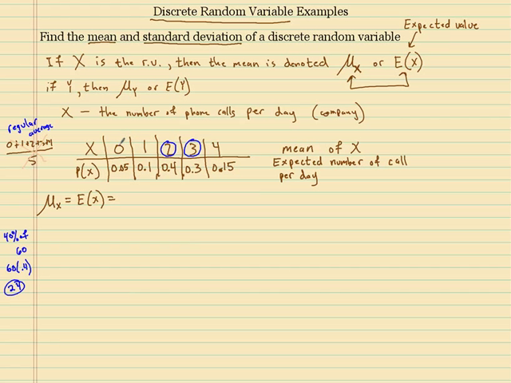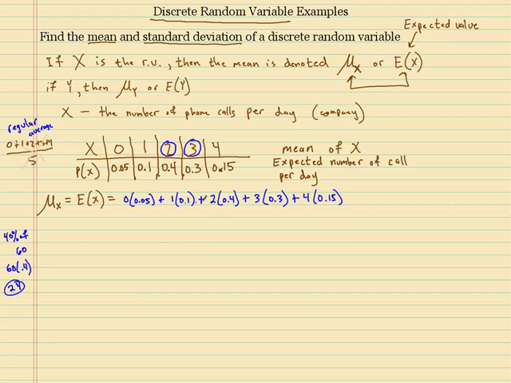So what I'm going to do is, 0 happens 5% of the time, so you find 5% of 0, or just multiply. 1 happens 10% of the time, so 1 should only be weighted for 10%. These are actually how your grades are calculated too, when you have weighted tests. 2 should be accounted for 40%, so you do 2 times 0.4, plus 3 times 0.3, plus 4 times 0.15.